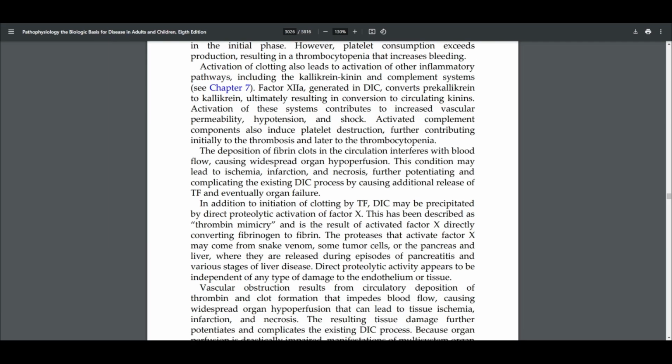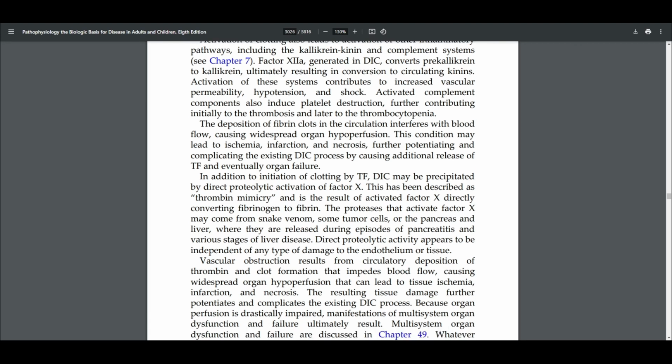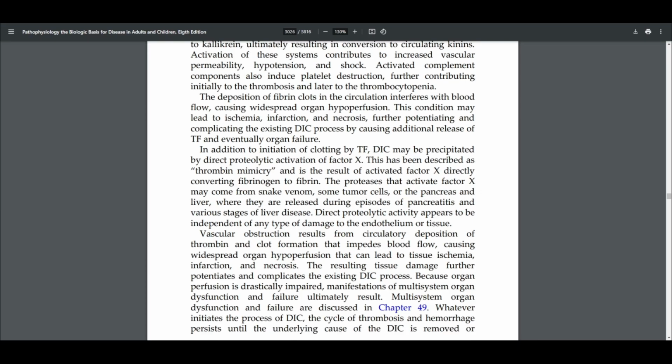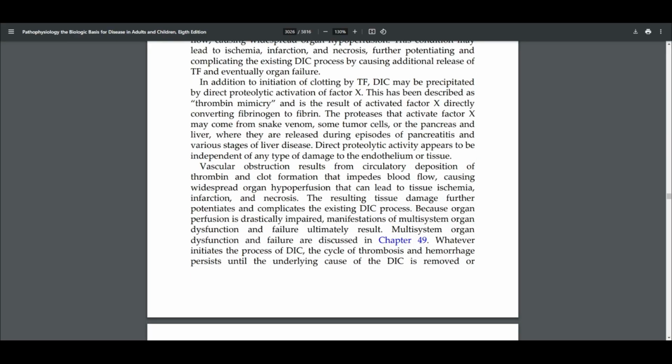Activated complement components also induce platelet destruction, further contributing initially to the thrombosis and later to the thrombocytopenia. The deposition of fibrin clots in the circulation interferes with blood flow, causing widespread organ hypoperfusion. This condition may lead to ischemia, infarction, and necrosis, further potentiating and complicating the existing DIC process by causing additional release of TF and eventual organ failure.